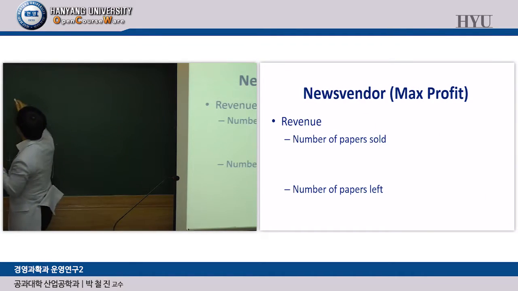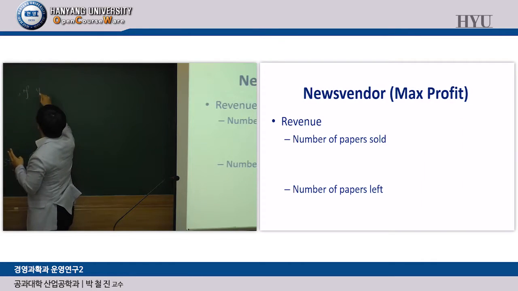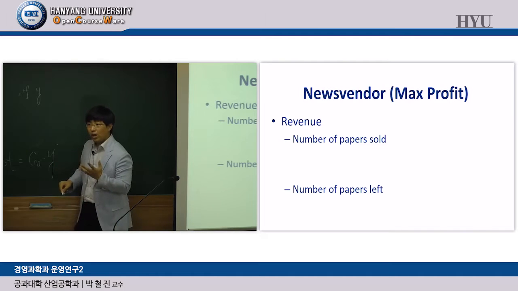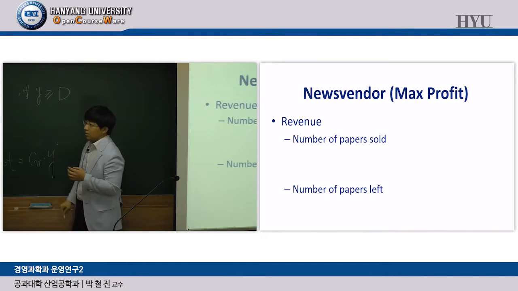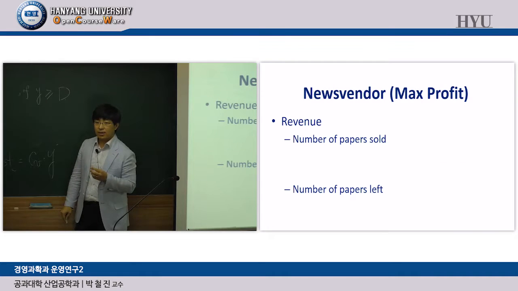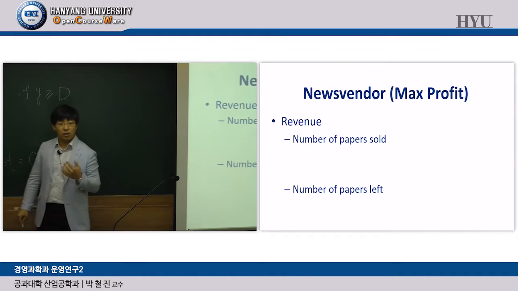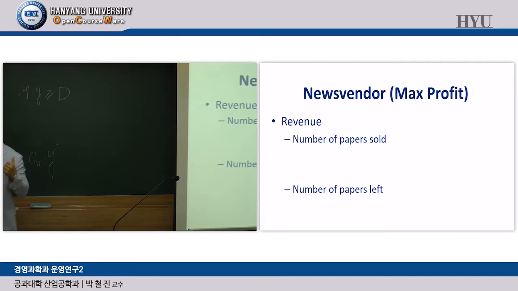First one, the number of newspapers we have is greater than or equal to demand. Then how many newspapers can we sell in this case? D, right?